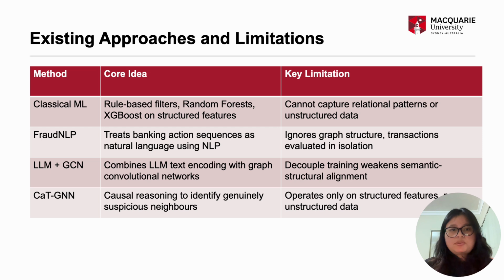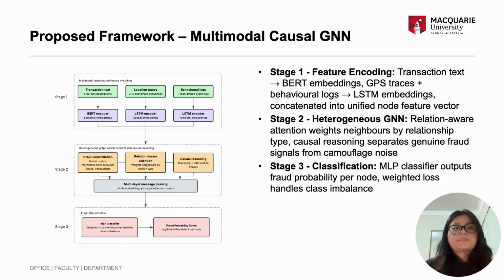The closest to my proposed approach was Liu et al., who combined LLMs with GCNs, but their decoupled training means that the text encoder has no idea it is feeding a fraud detection graph, weakening the overall framework. That's when it became clear the gap wasn't just one thing, it was the combination of heterogeneous graph structure, rich unstructured features, and causal reasoning trained jointly end-to-end, which is exactly what this framework addresses.